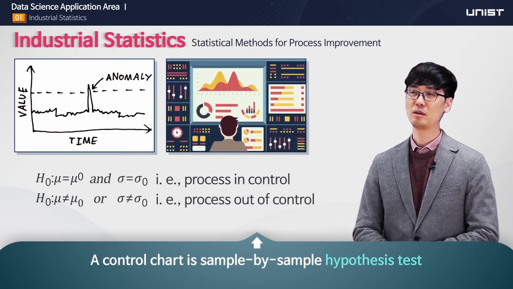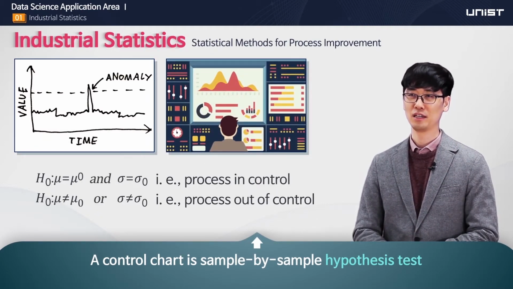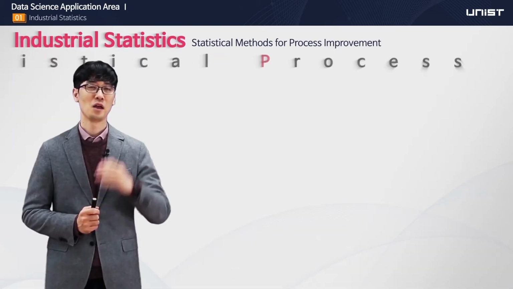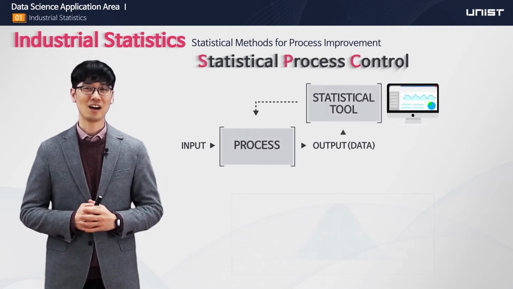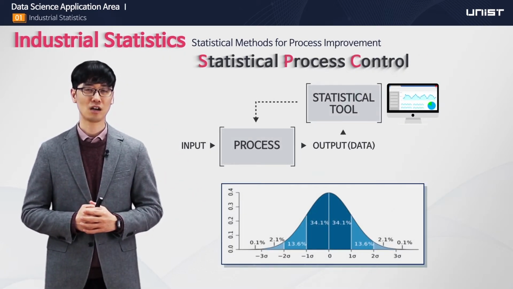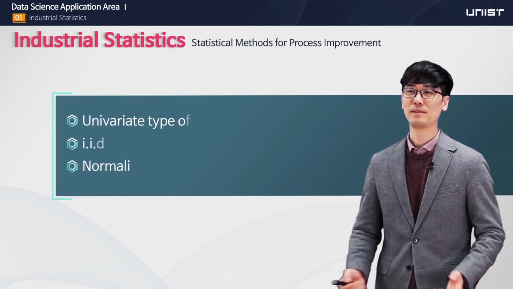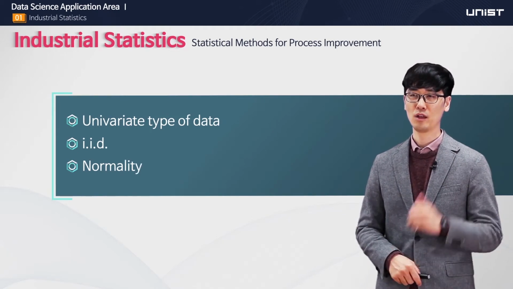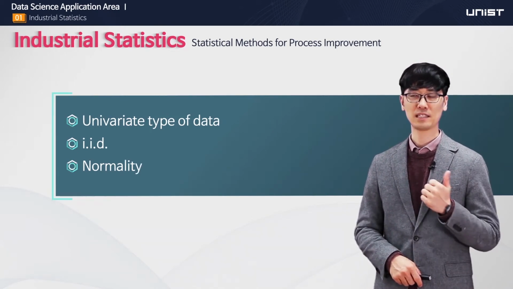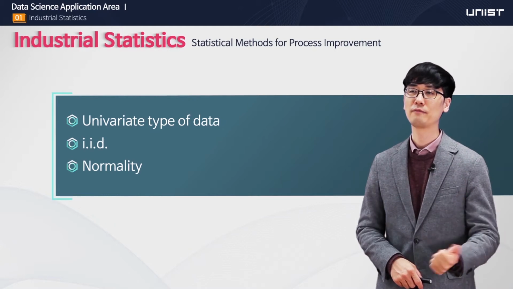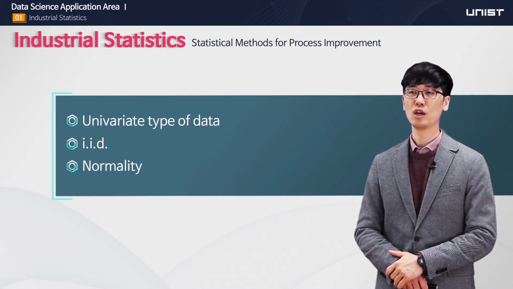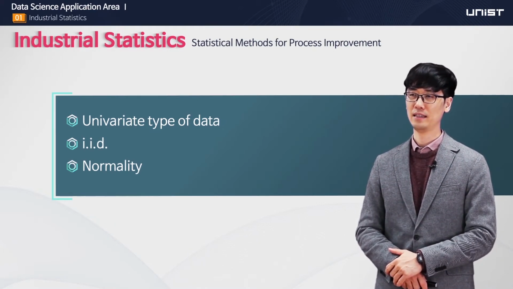Control charts are a very popular statistical method to detect a change in the process or the underlying distribution. So far, we have discussed the concept of control chart, which is one of the main statistical methods for quality improvement. In the way to explain the concept, we have talked about variance, data, and some statistical tools under simplifying assumptions such as univariate data type, IID, and normality.